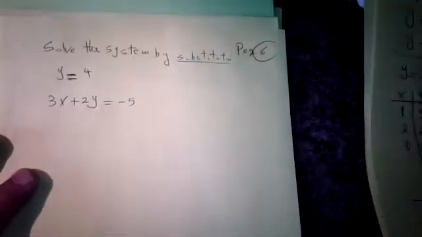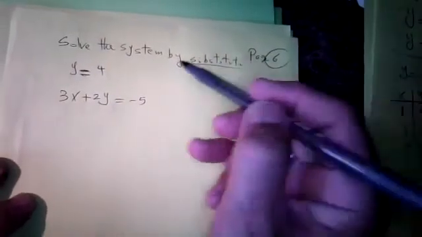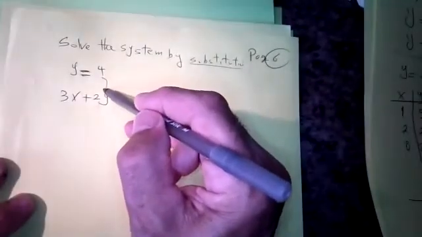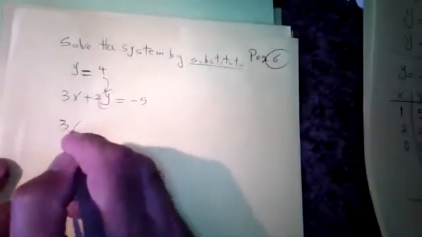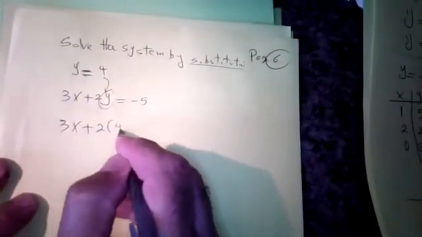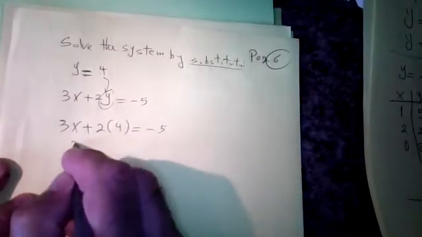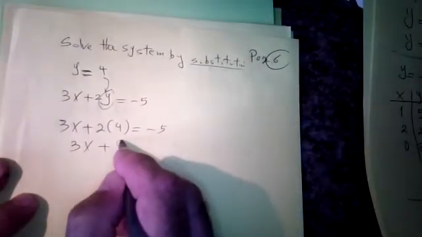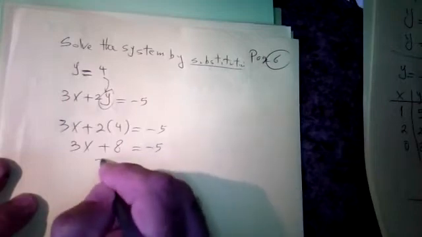Look at this one. Y is 4, so all you need to do is take this y and substitute here. So it would be 3x plus 2 times 4 is -4. So it's 3x plus 8 is 5.